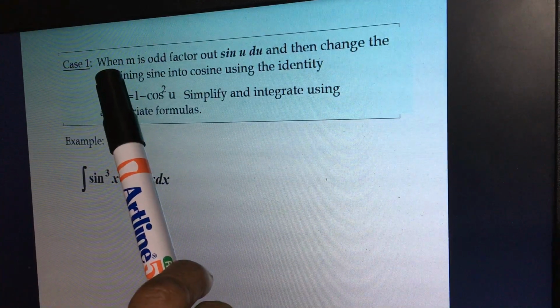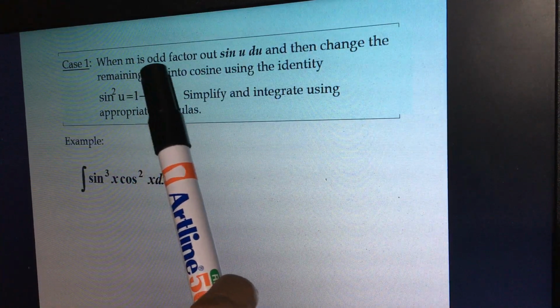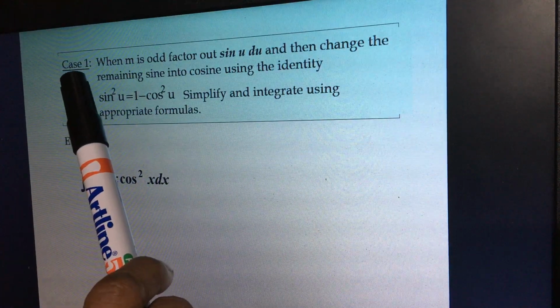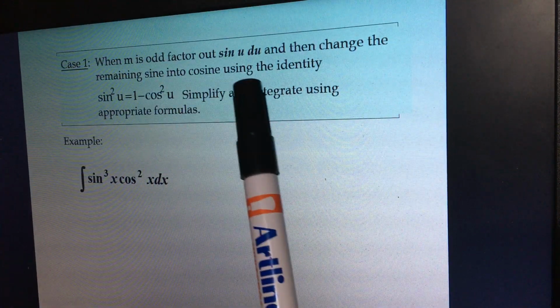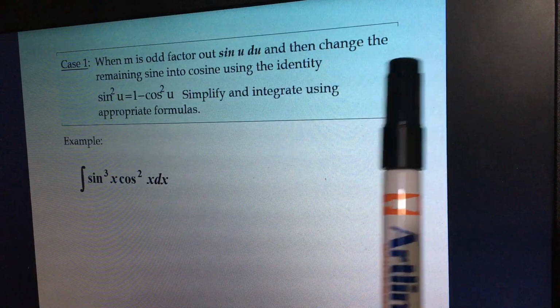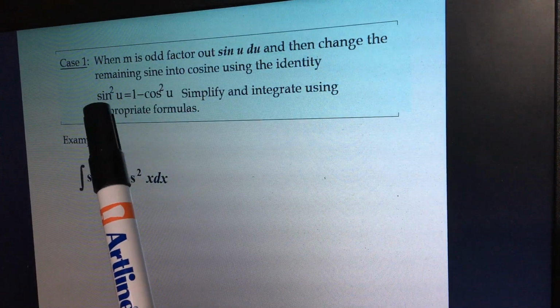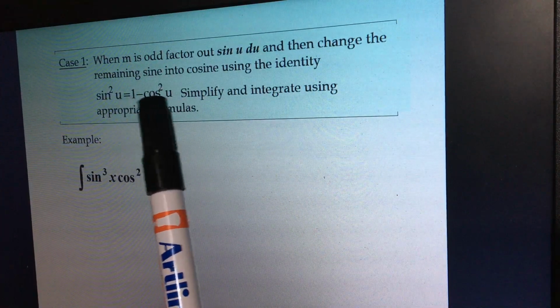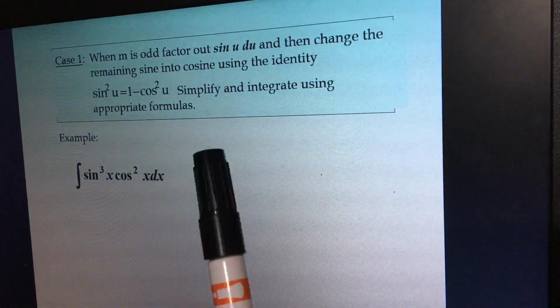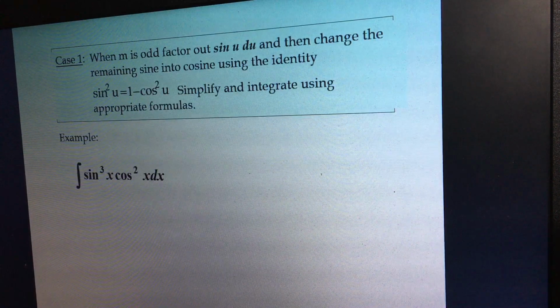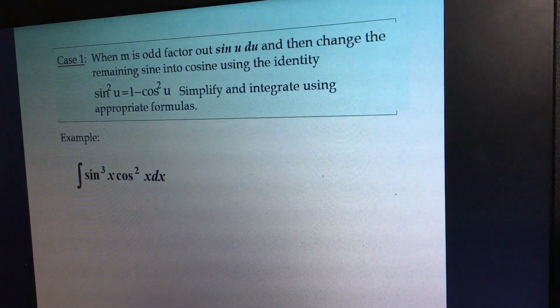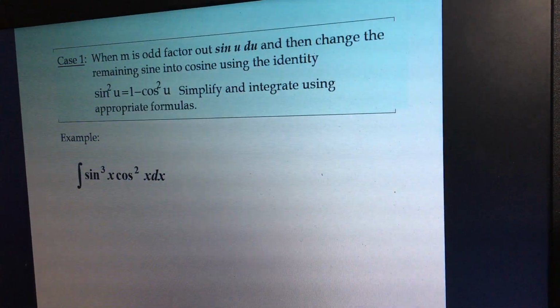So the condition is that when m is odd, so this is case 1, right? Then factor out sine u du and then change the remaining sine into cosine using this identity, sine squared u equal to 1 minus cosine squared u. Then simplify and integrate using appropriate formulas. Okay, so we will solve this problem.